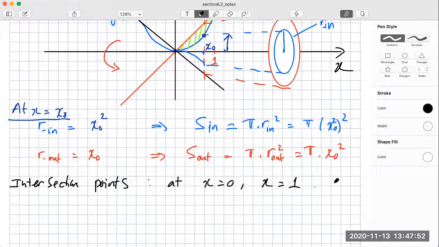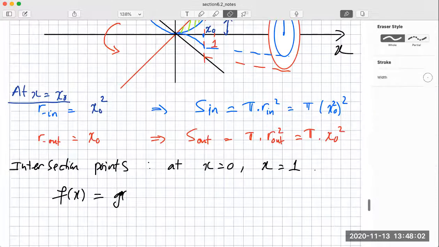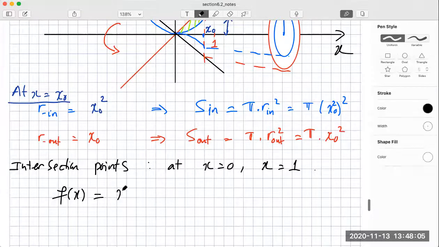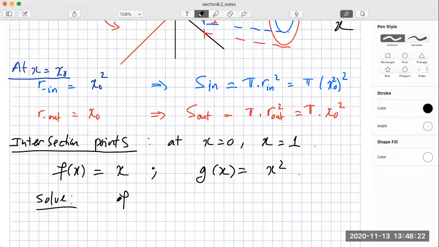Or we can find it algebraically, right? If we set f of x is x, and g of x, the second curve, is x squared. In order to find the intersection point, we solve f of x is equal to g of x, right?